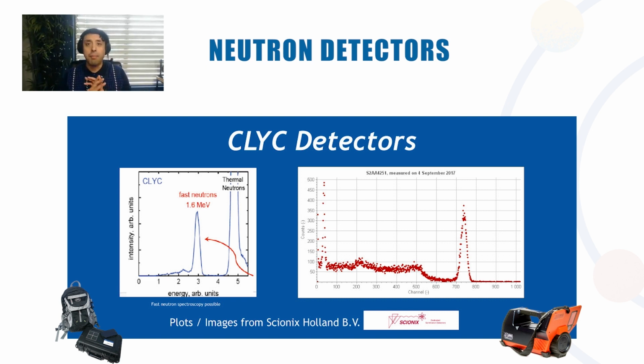There are many others, but for our webinar, helium 3, domino, CLYC, CLLBC, those are the ones as of right now that we will recommend to the people in this webinar.